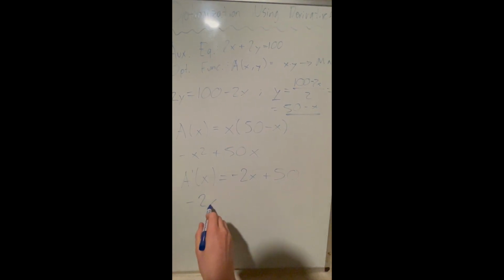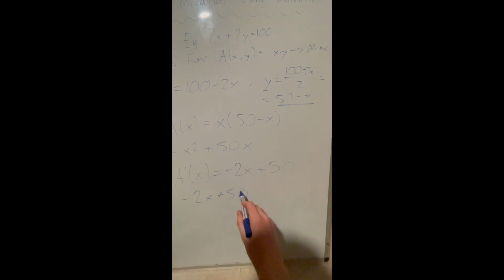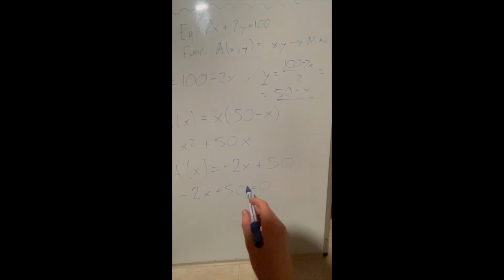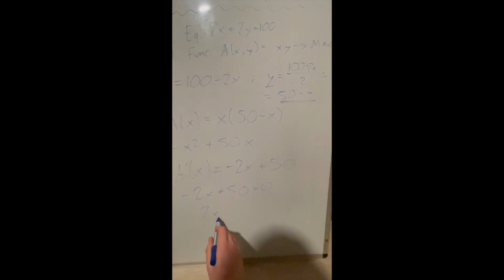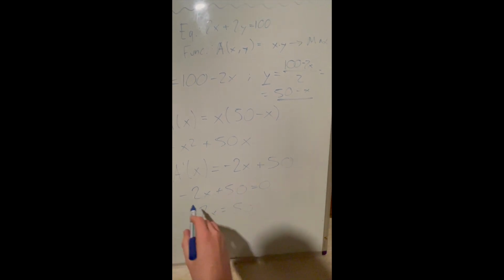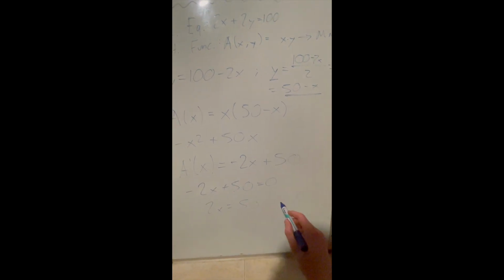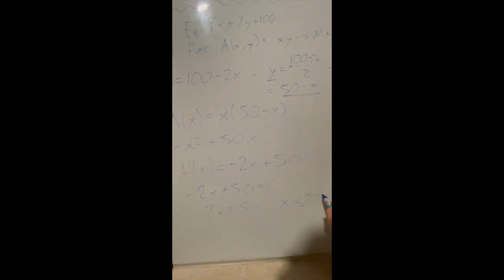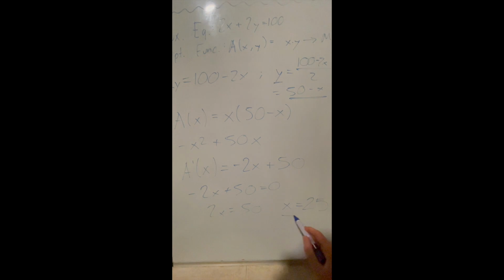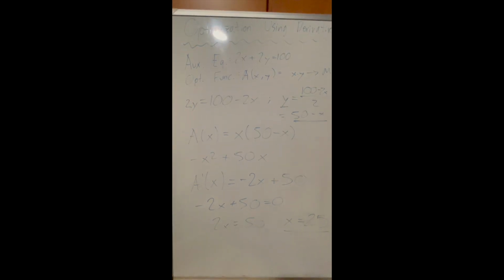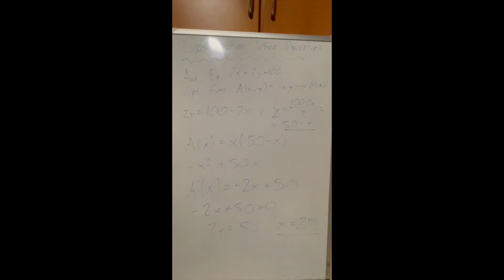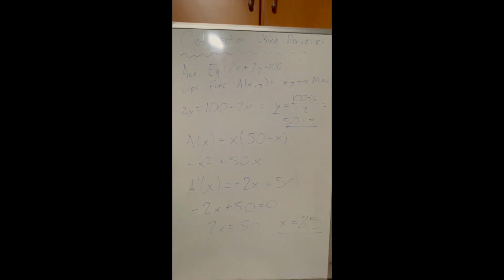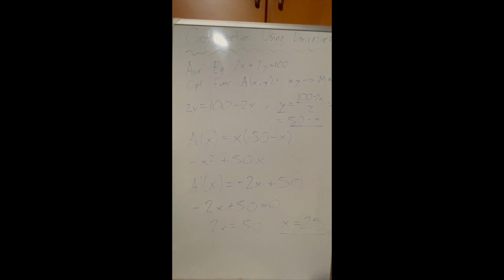We say that minus 2x plus 50 is equal to 0. Therefore, 2x is equal to 50. We move this to the other side. And x is equal to 50 over 2, which is 25. And this is our answer for x. The length of our rectangle to be maximized must be 25 meters.